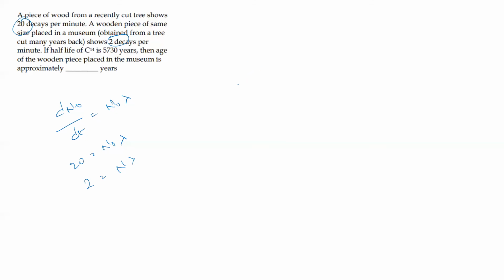So they are asking the present age of that piece which is placed in a museum. We have a relation N is equal to N naught e power minus lambda t. Rearrange this, what do you get? Log N naught by N equals lambda t. From this, N naught by N is what? Divide these two, you get 10.